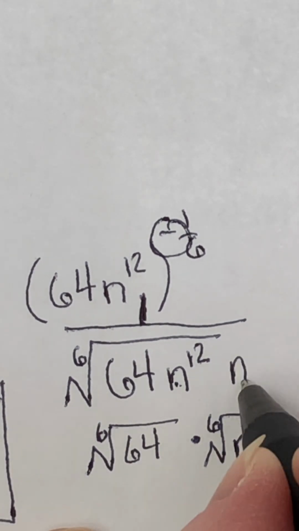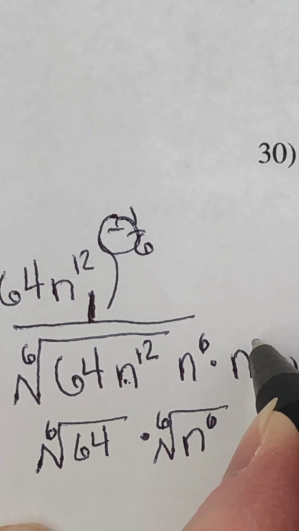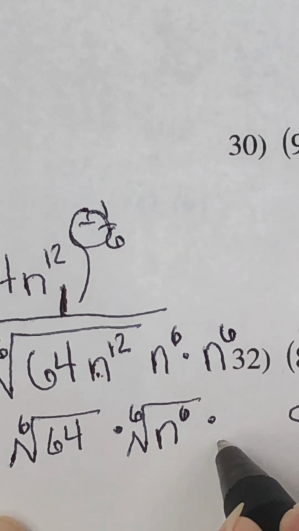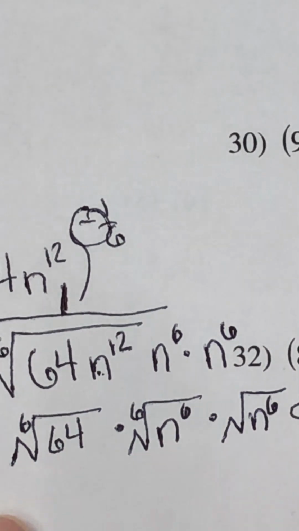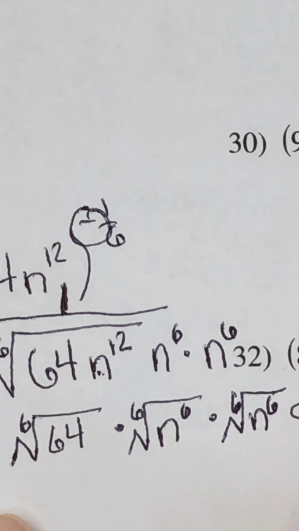If I have n to the 6th and I multiply by n, what exponent needs to go here? When you add them to make 12, another 6. So you have 2 of them. I know you were confused about this before.